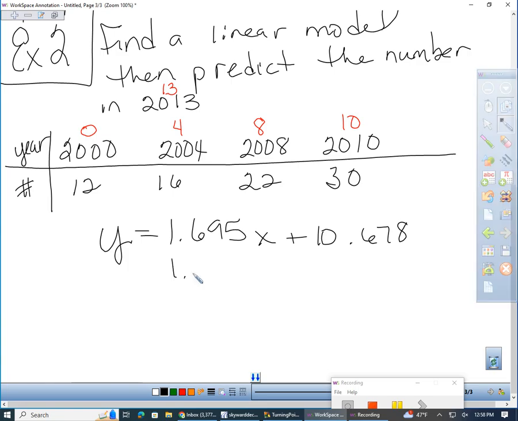So we have 1.695 times 13 plus 10.678. You get 32.64. Yeah, that's what I got too.